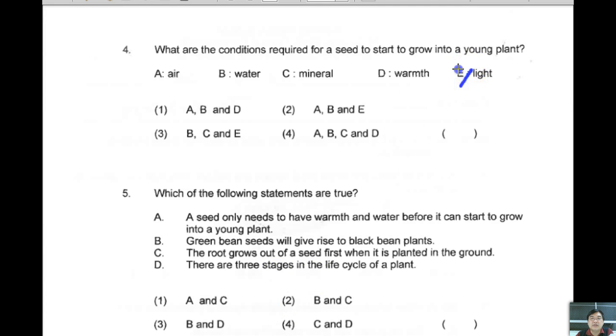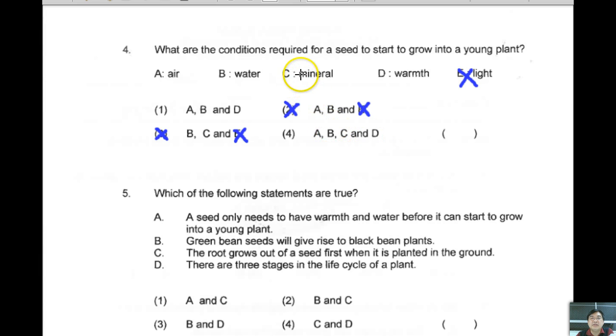So number 2 is wrong. And over here number 3 is not right. If just one is not right, then the whole set of answers is not right. So it leaves us with A, B, D, or this one, oh, this is the same. This one talks about E. There is no E over here.